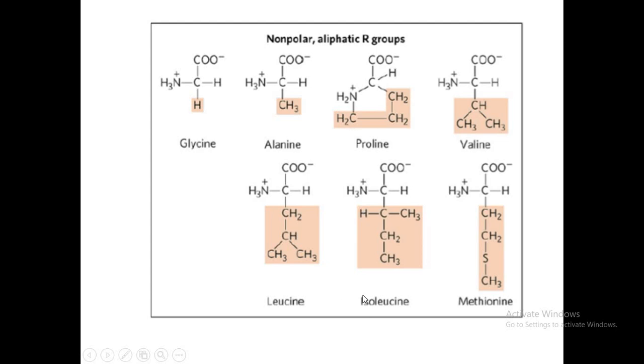And one more thing that I wish to explain here is that these non-polar amino acids that have an aliphatic R group or side chain are all highlighted with the pink color. All these non-polar amino acids are hydrophobic, meaning they are not able to interact with water.